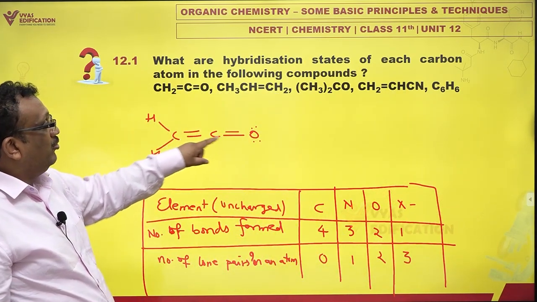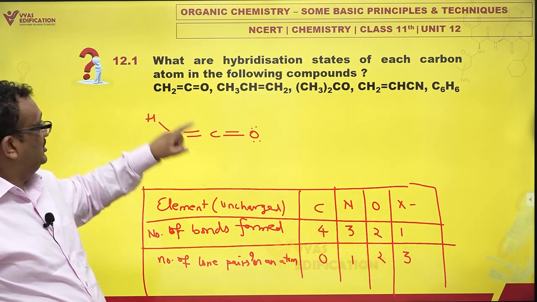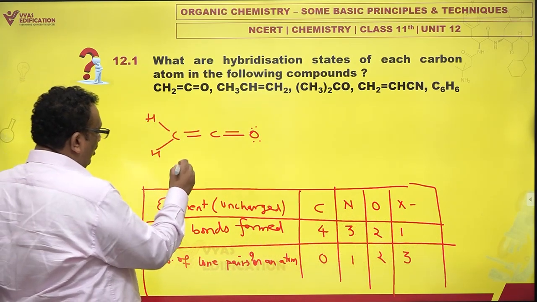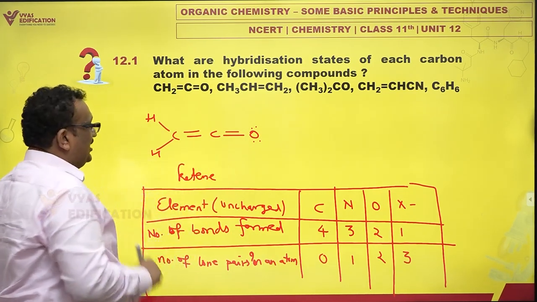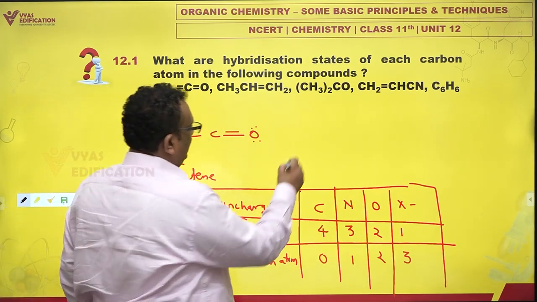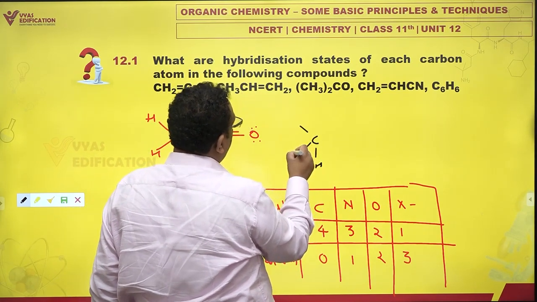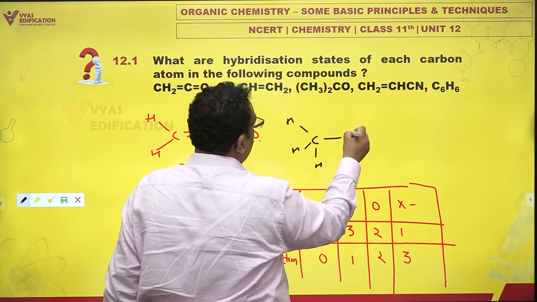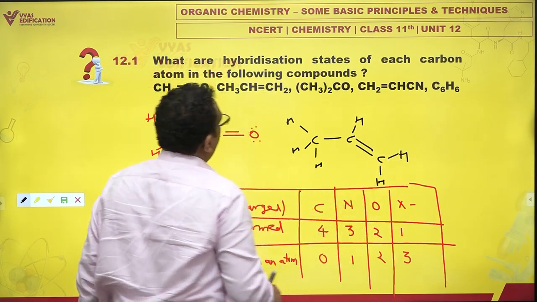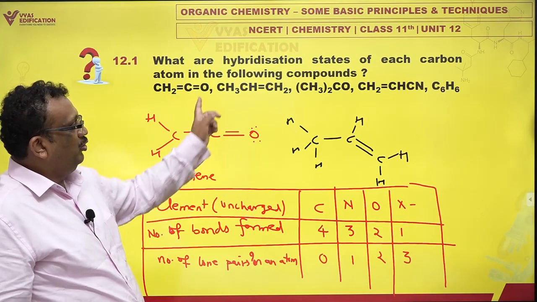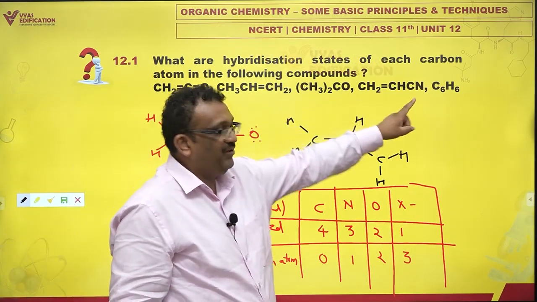Using this, I'm trying to draw their full structures. This first molecule is called ketene. Sounds like kitty party. It's ketene. And then you have CH3-CH=CH2. I've just drawn 2 compounds. There are 2 more.